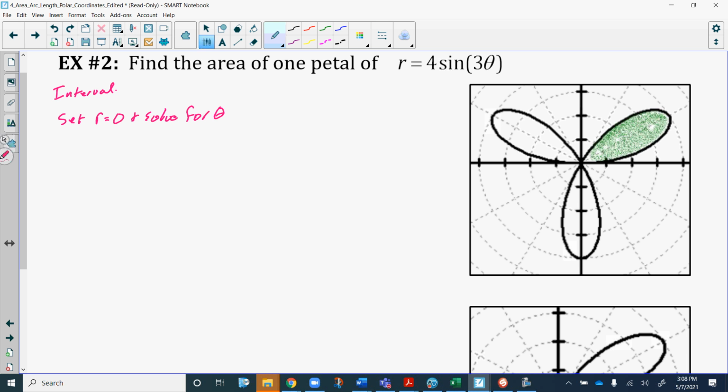So basically I'm going to take 0 and substitute it wherever I have an r, and I'm going to have 4 times the sine of 3 theta equal to 0. So divide by 4, and that'll just give me sine of 3 theta is equal to 0.